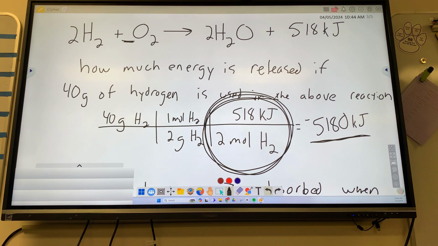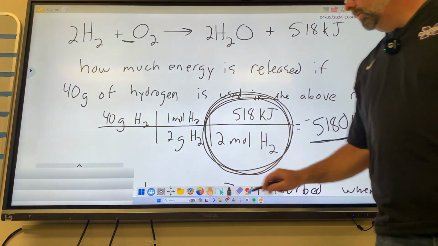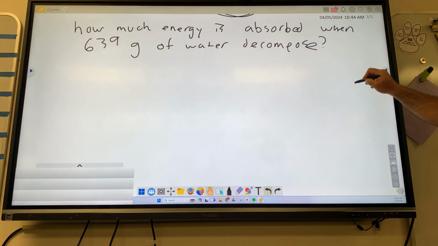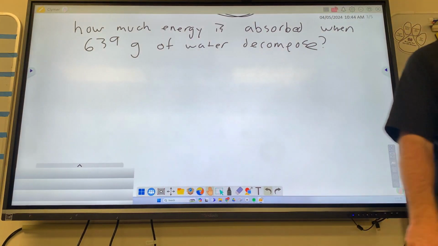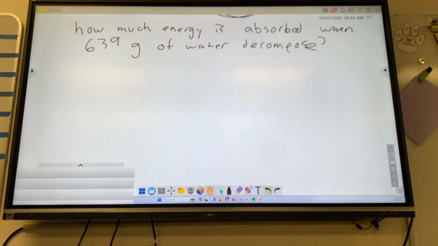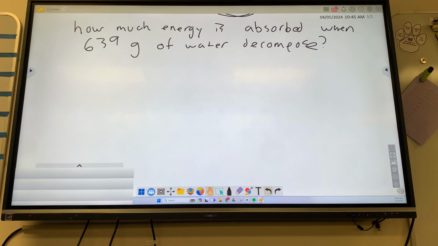So let's do one more example together. So try this one. Write this one down. Now please note, this is not the same equation from above.